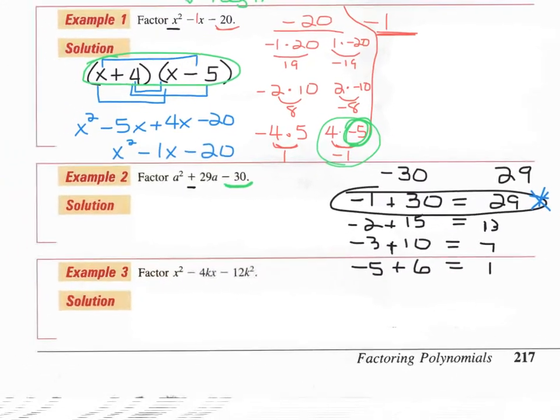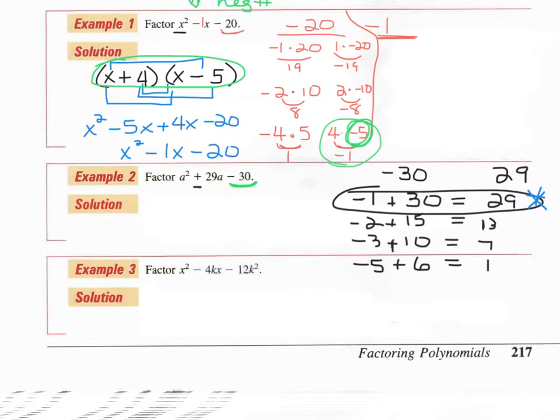So for this one, when I write it in my binomials, I'm going to put an A at the beginning of both, and then I'm going to put the two numbers I just found, the 1 and the 30. Notice the 1 was negative, so it gets the subtraction sign, and the 30 was the positive. Again, you should FOIL this because you should become very quick at factoring or FOILing to make sure that it is going back.